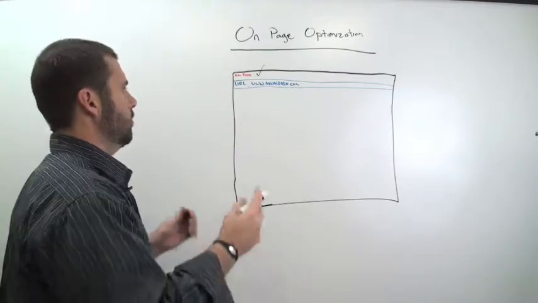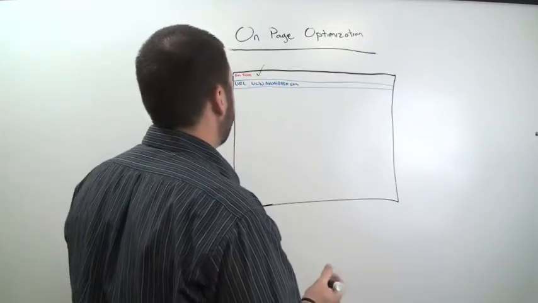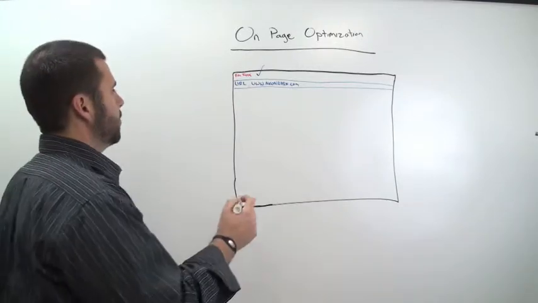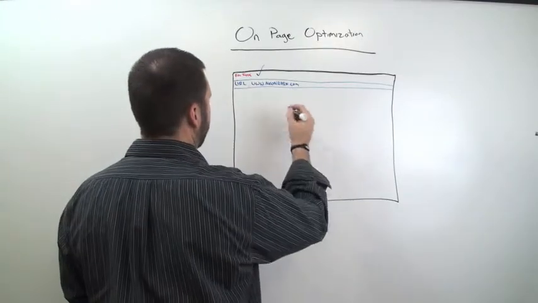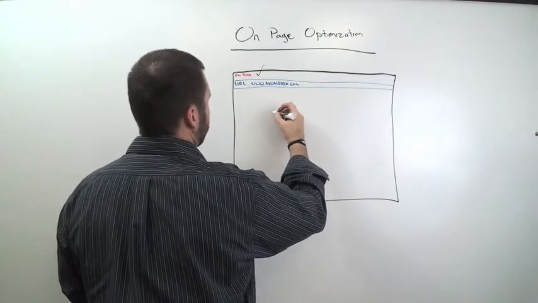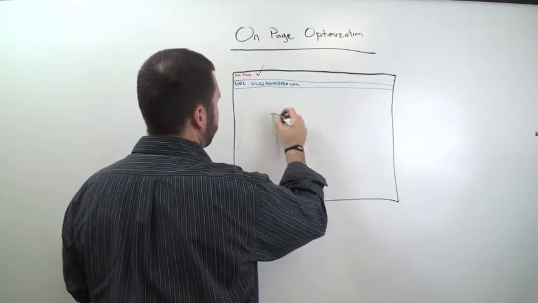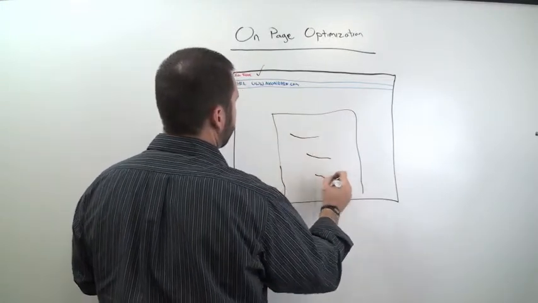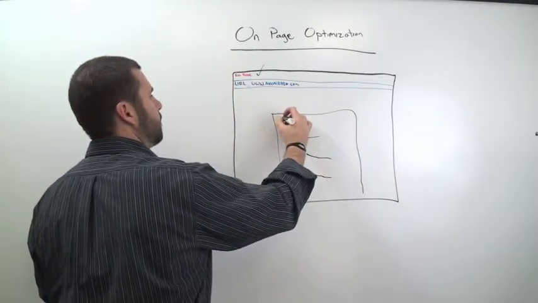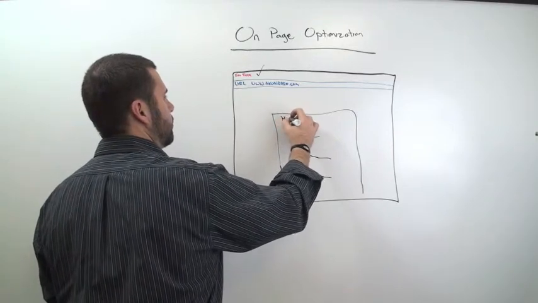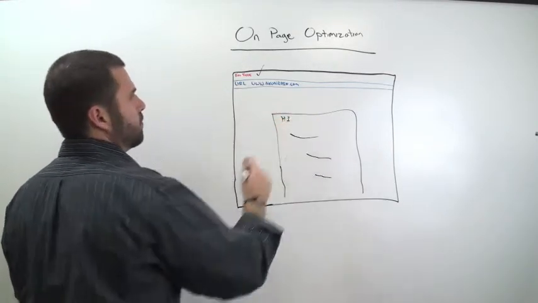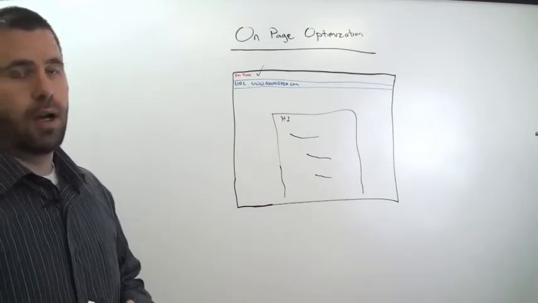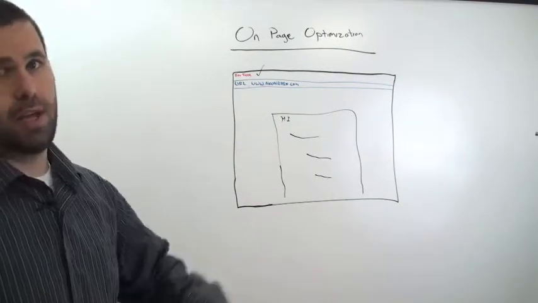Next, now you're on this page, and you start getting into your H1, H2 tags. Let's say we're on a page, here's where the content would be stored, and here's the content. Your H1 tag is usually right here, and it usually references the title of the page again, or whatever the topic of that page is.